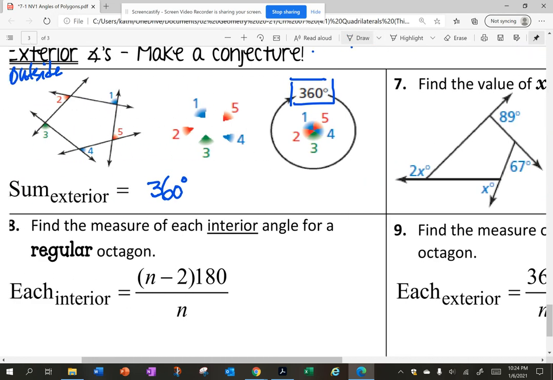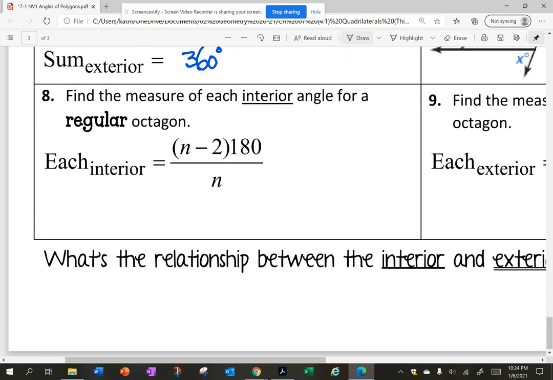Okay, we said that for a regular interior angle, if I want to know what each angle is, when it's regular, all my angles are equal, so it's equiangular. So I divide n minus 2 times 180 divided by n. So in this example, it's asking me to find the measure of each interior angle for a regular octagon.